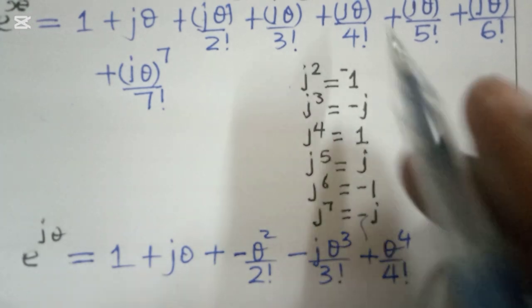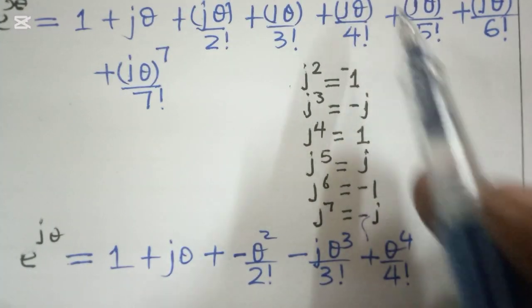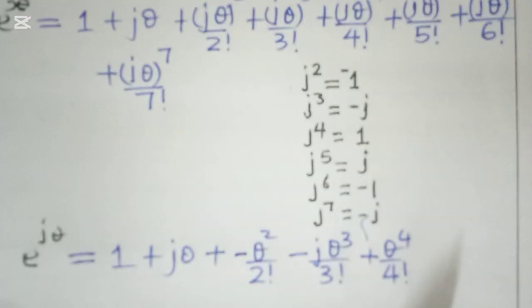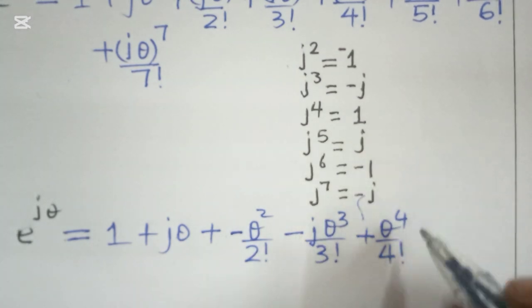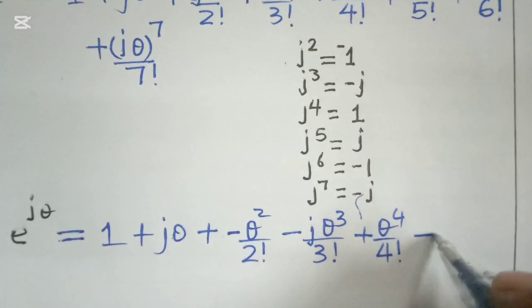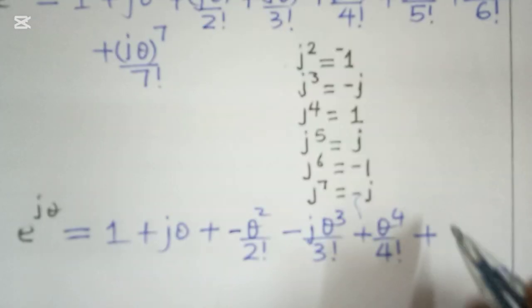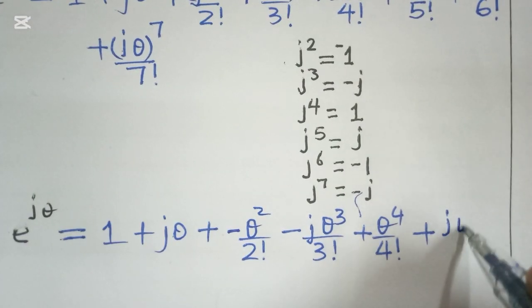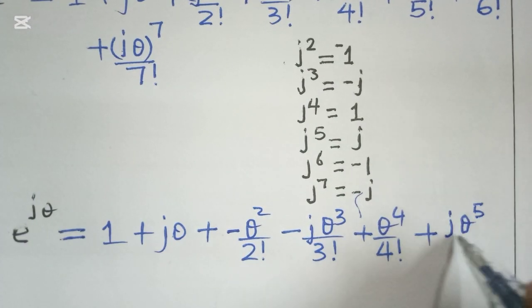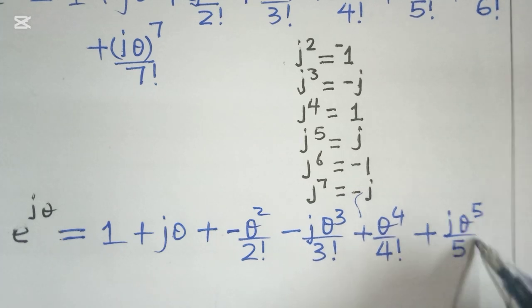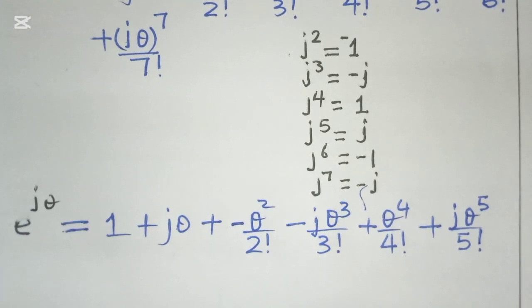Because remember, guys, the j has finished, it's no longer there. And then we come to 5. Coming to 5, we are going to have only j theta raised to 5 all over 5 factorial. Guys, we want to go up to 6.